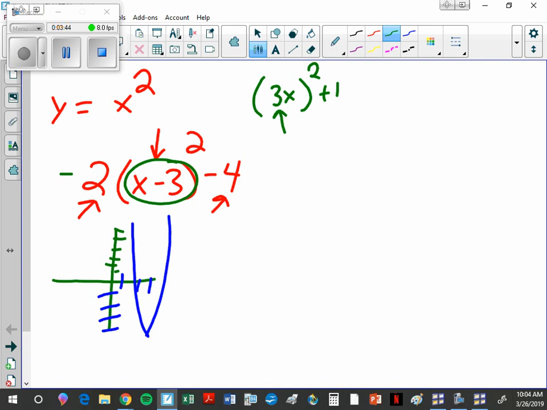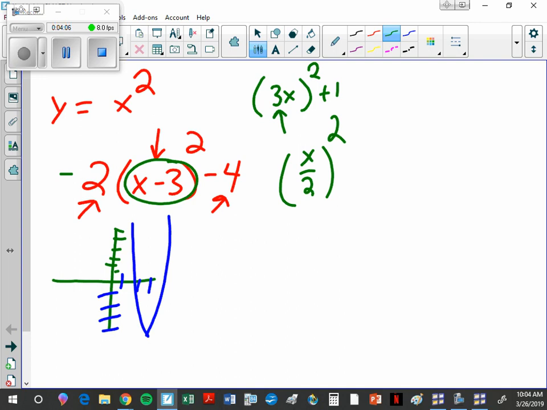Does that make sense? So x over 2 squared, what effect will that have? Well, if you divided the x's by 2, you would think that they would become narrower, but the x's are backwards, so it actually makes them wider. Does that make sense?